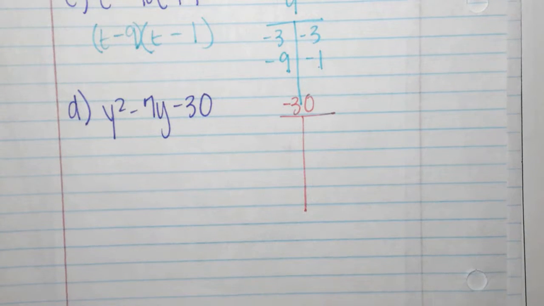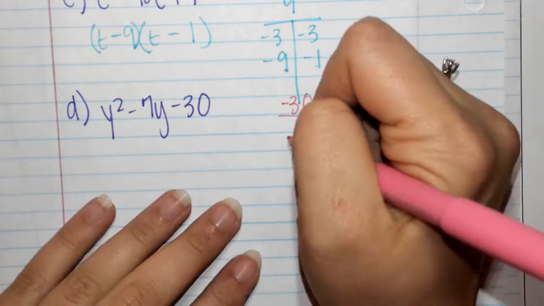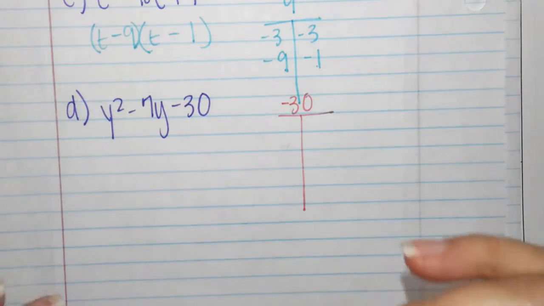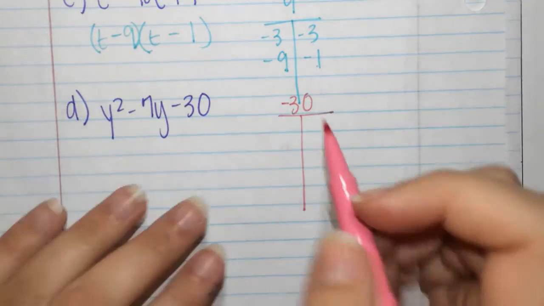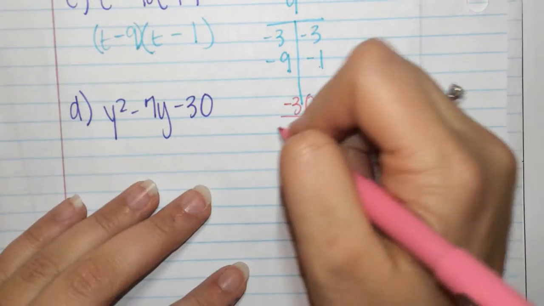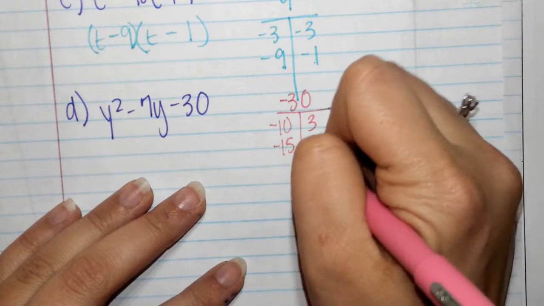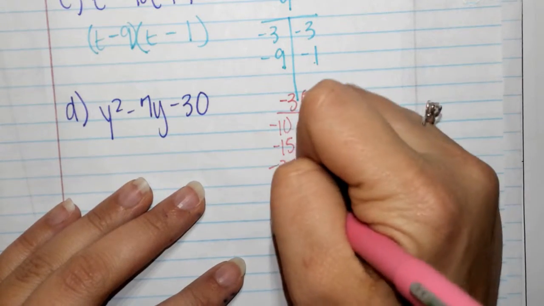Negative. All right, now what two numbers do you know automatically multiply to give you negative 30? 5 and 6. 3 and 10. Okay, remember guys, we need a negative number. The big factor has to be negative. Negative 10 and 3, negative 30 and 1, and negative 6 and 5.